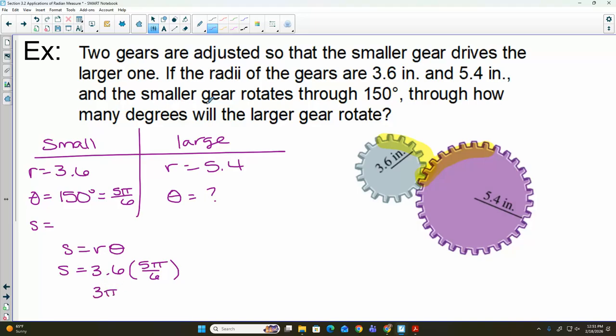So now I know my S. And the large one has to have the same S.